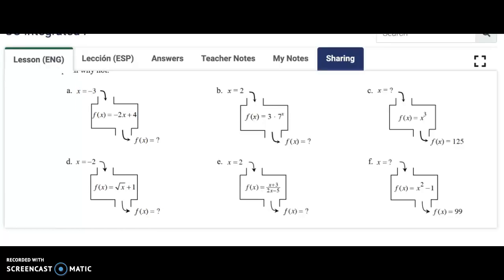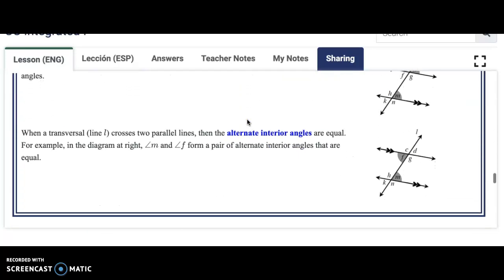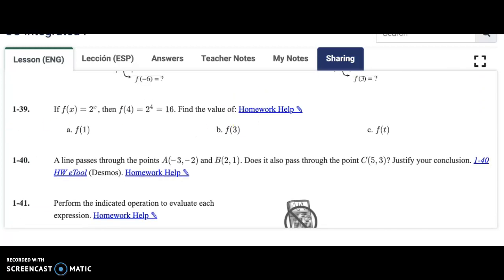And then the last and final one that we want to look at, give me a second to scroll down. Sorry. A lot of scrolling, okay. The last and final one is, again, they're not going to give you a picture, they're going to give it to you in words. So notice 139 says, if f of x equals this, and it gives us our equation.